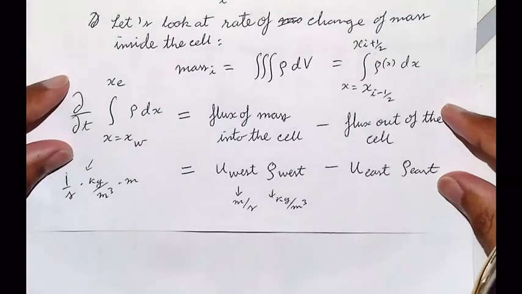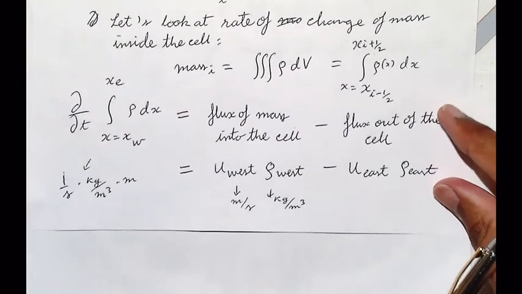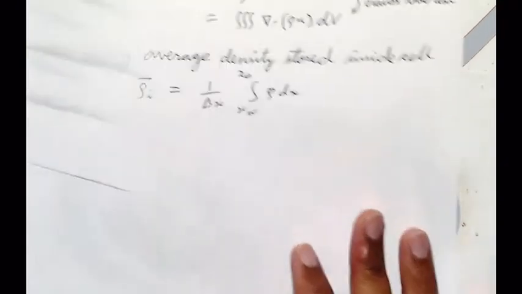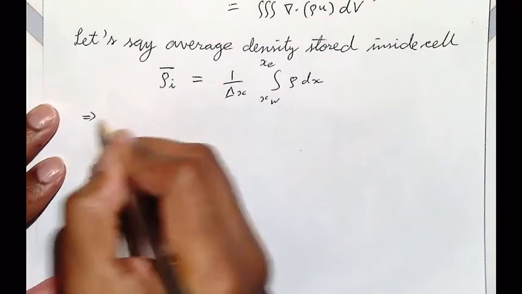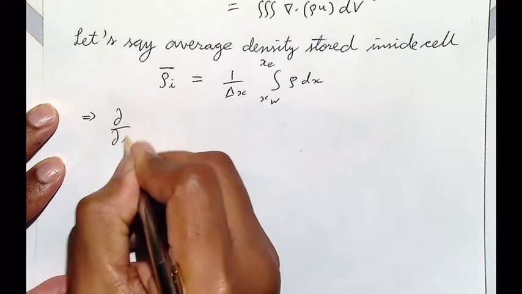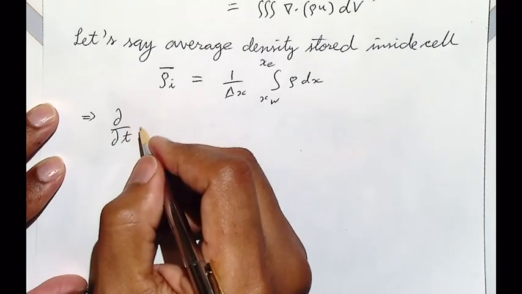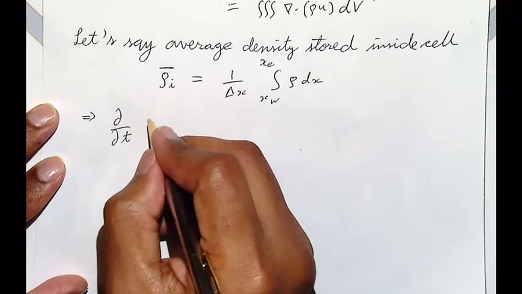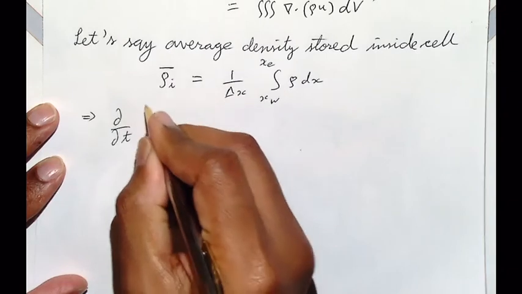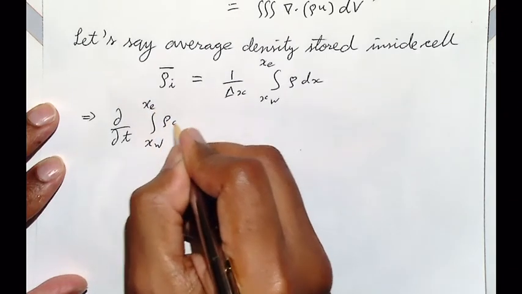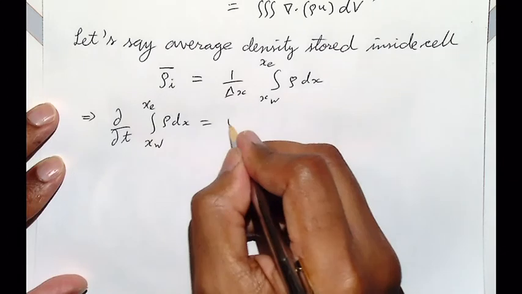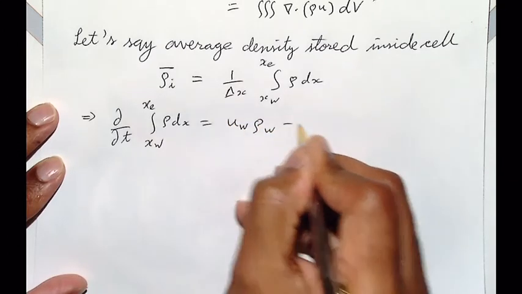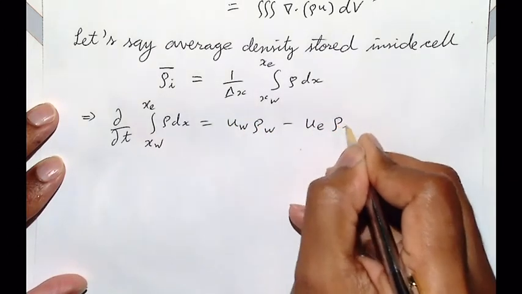And then again, this is the main equation. So let me rewrite that, which means del by del t of the integral from x west to x east of rho dx is u west rho west minus u east rho east.